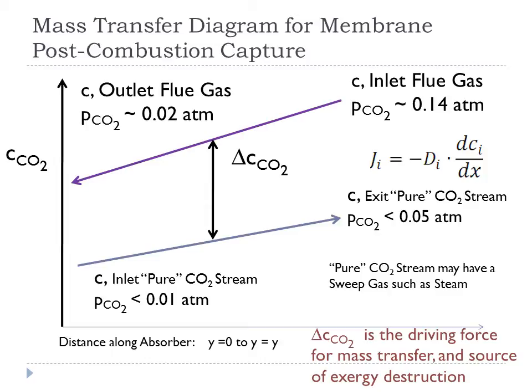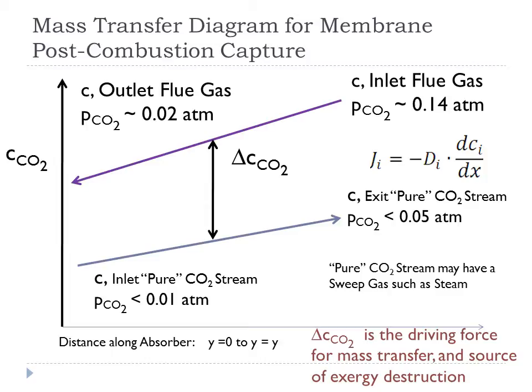I'm going to show you these diagrams for both a post-combustion capture case, and then in the next slide a pre-combustion capture case. In the post-combustion capture case, we've got flue gas, and that's our feed. Our feed's coming in on the top right, and it's going to have a partial pressure of carbon dioxide of about 0.14 atmospheres.